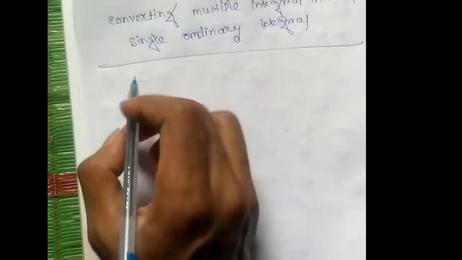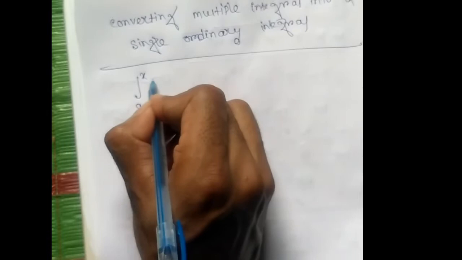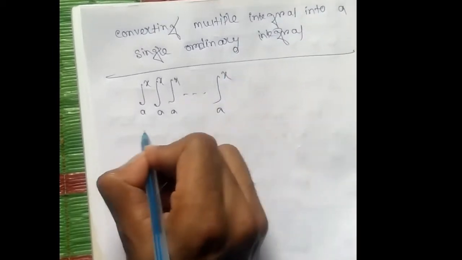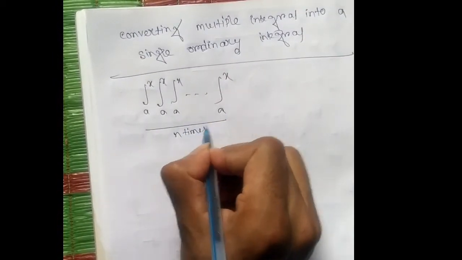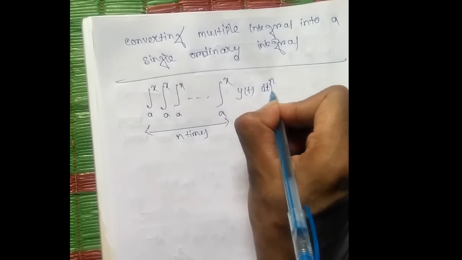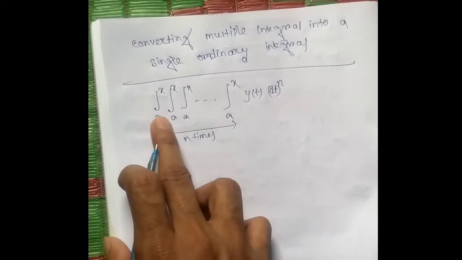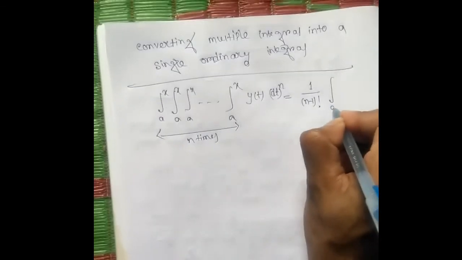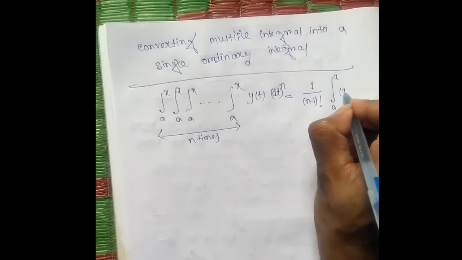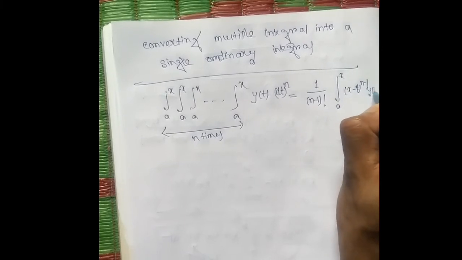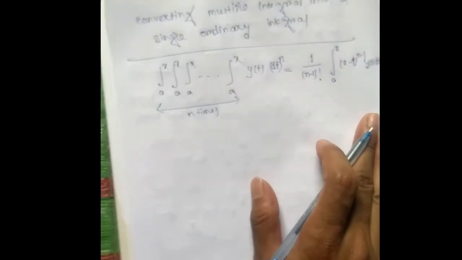Okay, and this is nothing but, if integration from a to x, a to x, integration is n times, of y(t) dt, since the integration is n times, so dt is n times, this can be written as 1 by (n minus 1) factorial integration over a to x (x minus t) to the power n minus 1 y(t) dt. Okay, very important.